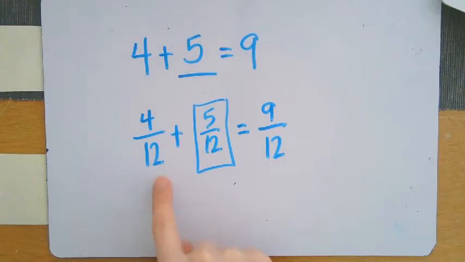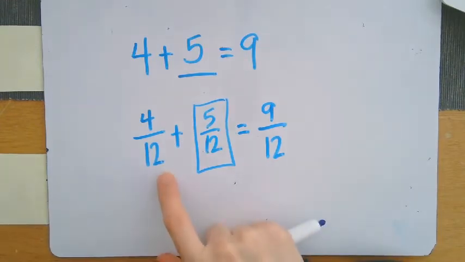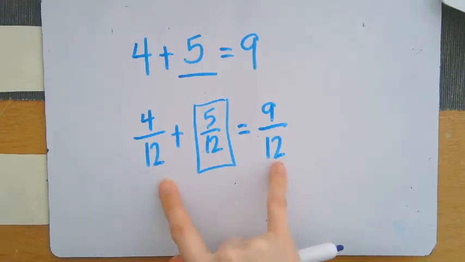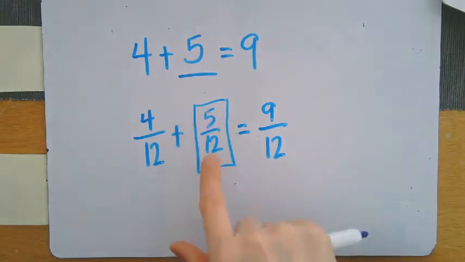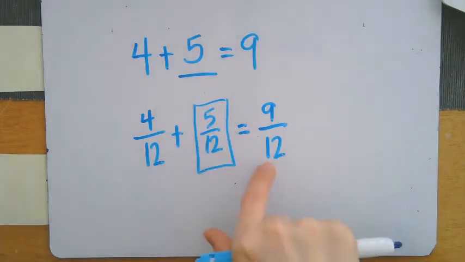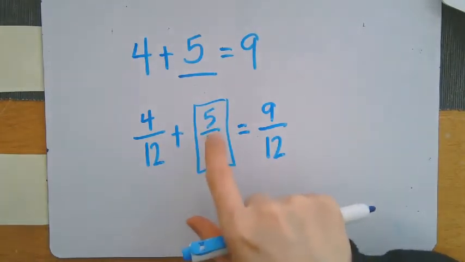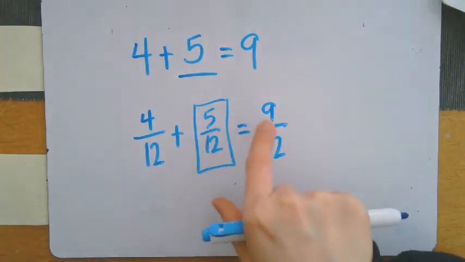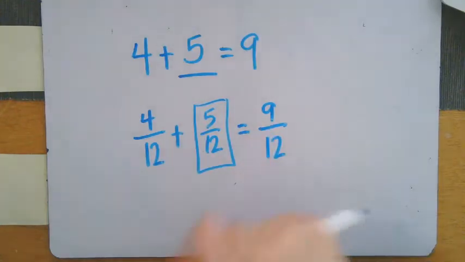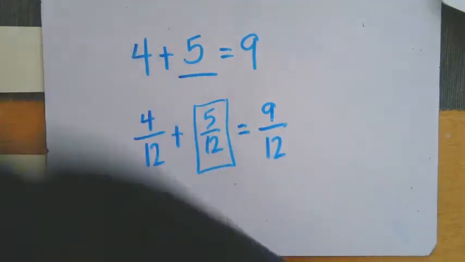Okay, anytime we have a denominator here, these two are the same, so that means whatever this number is, it's going to also have the denominator of 12 as well, okay? So the only thing that we're doing is looking for something to add to 4 to give us our total of 9. Okay, so let's try that one more time.